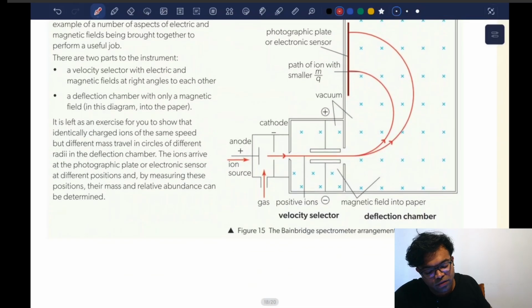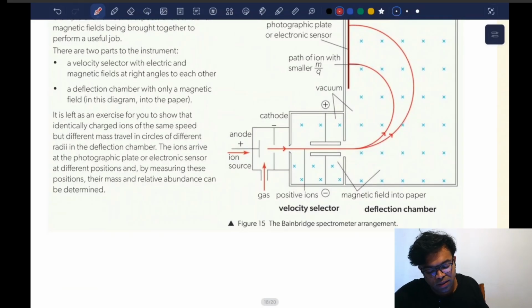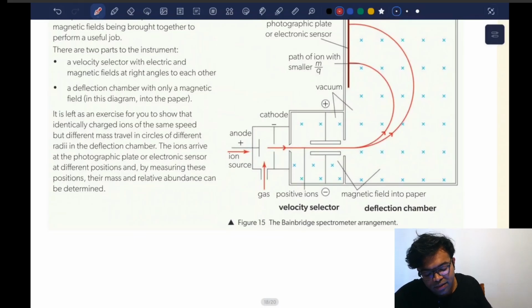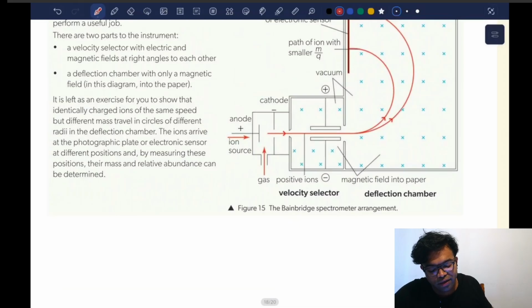There are two parts of this instrument: a velocity selector with electric and magnetic fields at right angles to each other, and a deflection chamber with only a magnetic field in this diagram in the paper. It is left as an exercise for you to show that identical charged ions of the same speed but different mass travel in circles of different radii in the deflection chamber.